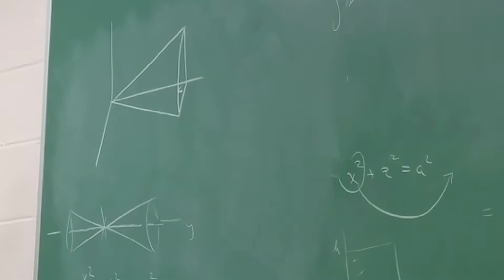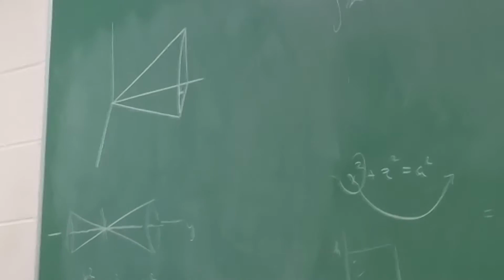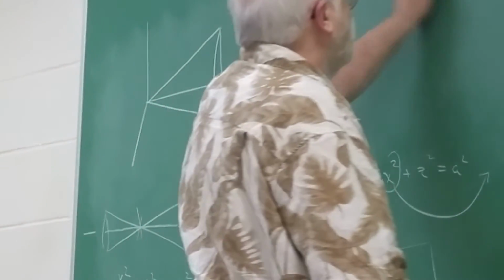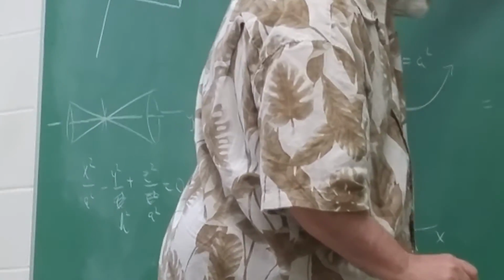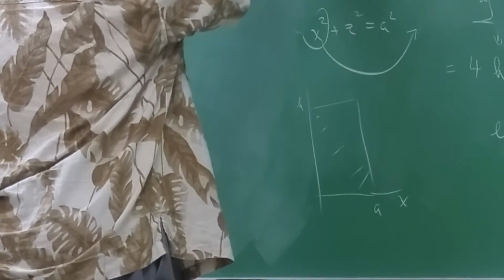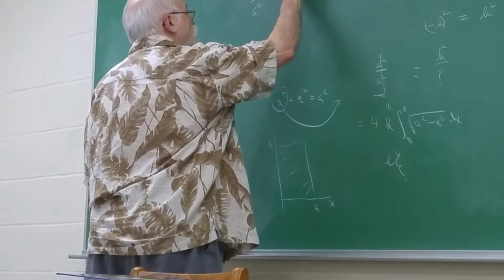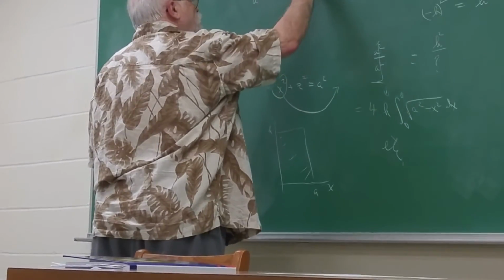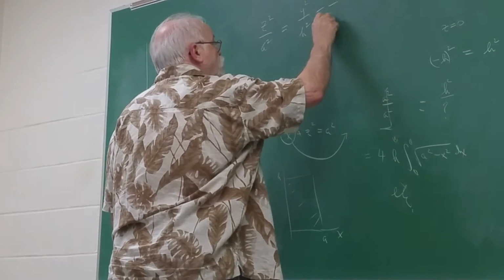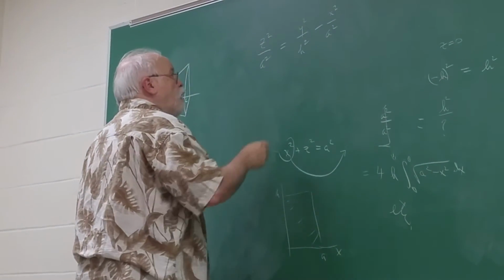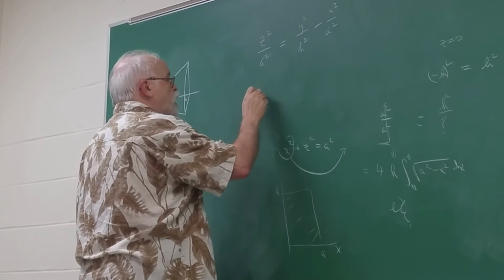Okay. So then I solve it for Z. Get rid of this ugly thing. So I've got Z squared over A squared equals Y squared over H squared minus x squared over a squared. I'm going to take the square root and I'm going to multiply by a.